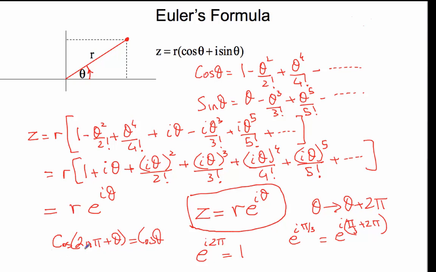And similarly, sine of 2n pi plus theta is equal to sine theta. And so, e to the i into (2n pi plus theta) is exactly the same as e to the i theta. Adding 2n pi does not change the fact that you are at this point in the complex plane.